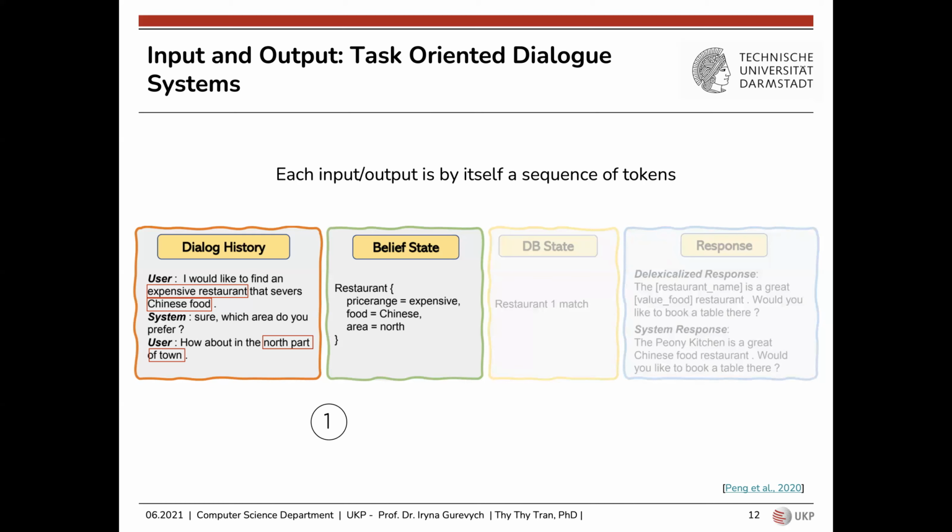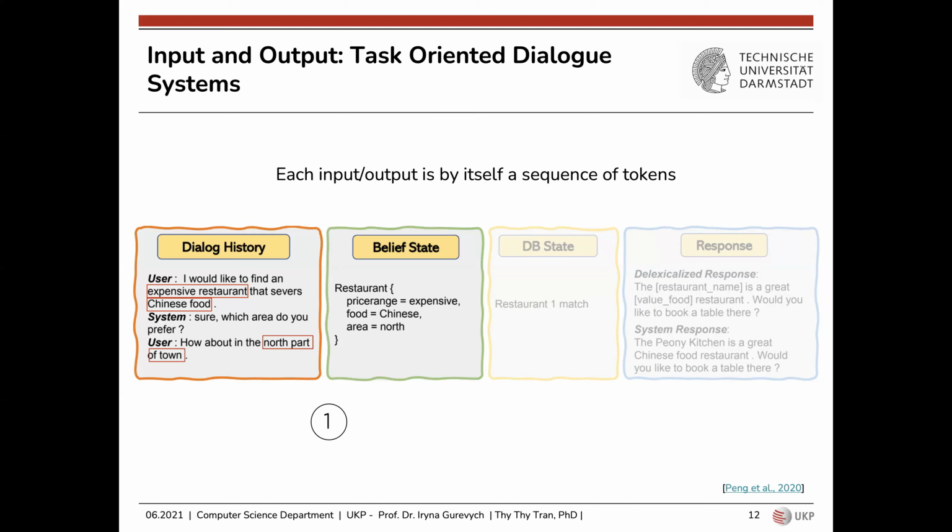So in task-oriented dialogue, we detect user intent from the utterance and the corresponding slot values. In this example, the intent is find restaurants and the corresponding slot values are expensive, Chinese food, and location is the north of the town from the dialogue history.